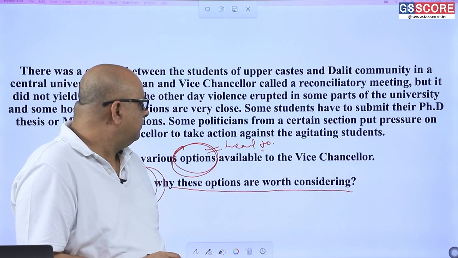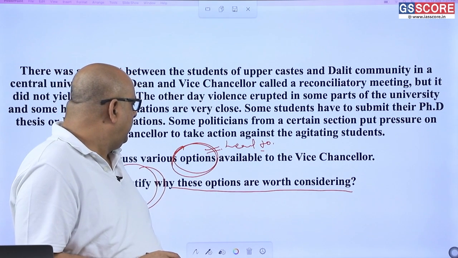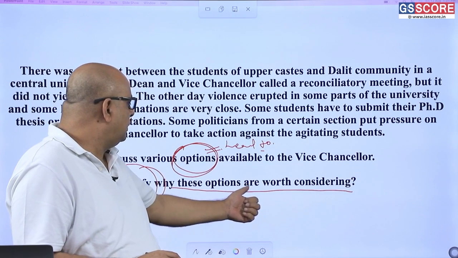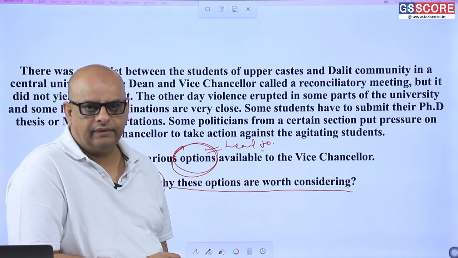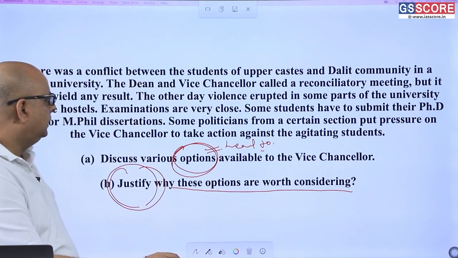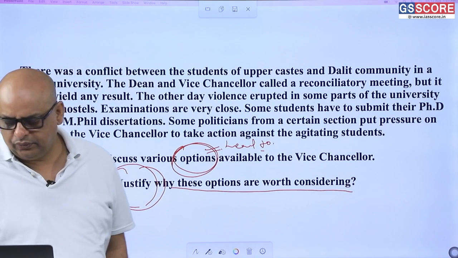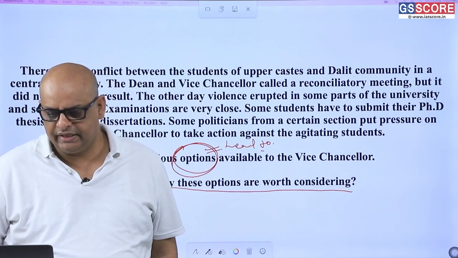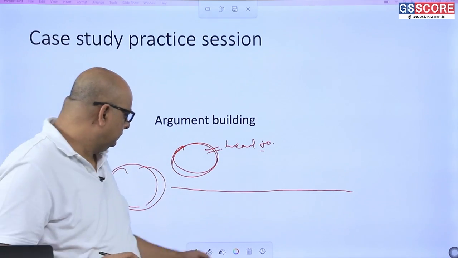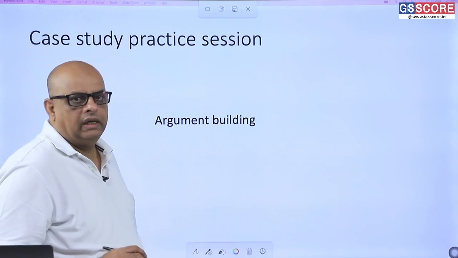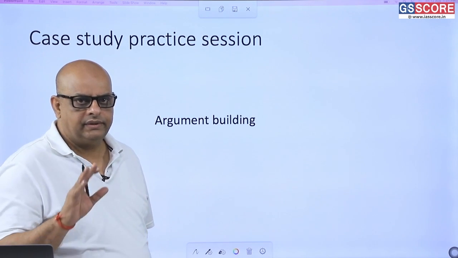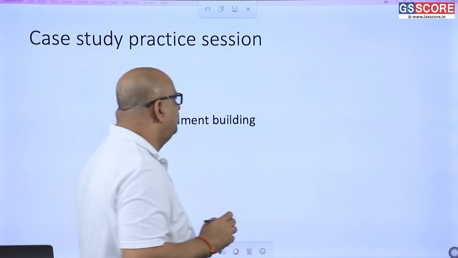But the question here says justify why these options are worth considering. So whenever you are going to explain and justify various options, it always moves around certain things.